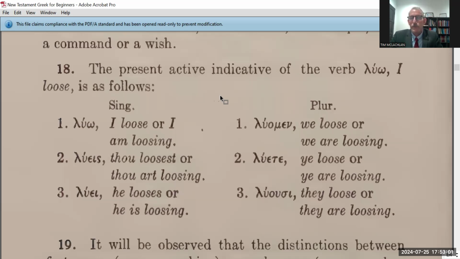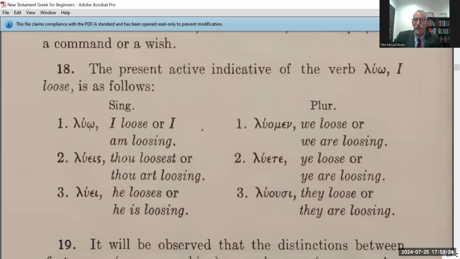We use the middle voice, for example, in something like he fell over. If somebody falls over, nobody pushed him, he didn't mean to fall over, he had a place in that action. There's all kinds of things, and things that you do for yourself, that would be a middle voice as well.